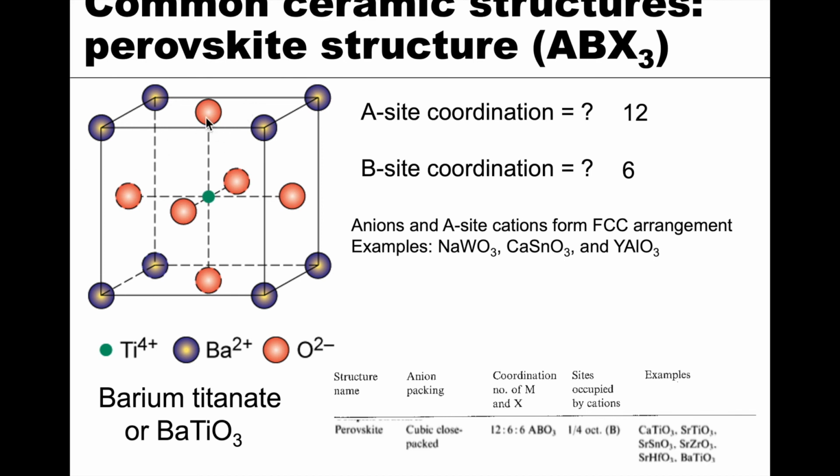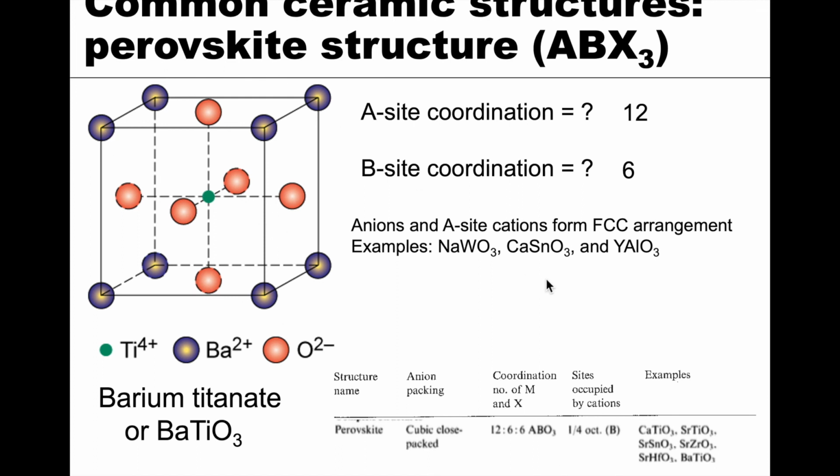The red plus the blue form FCC, if they're similar size. And then you have the interstitial, the body-centered position, filled with the titanium, which is the smaller. And so that's what we see with this structure. So it's listed a little bit differently down here, but that's what we see in this case.